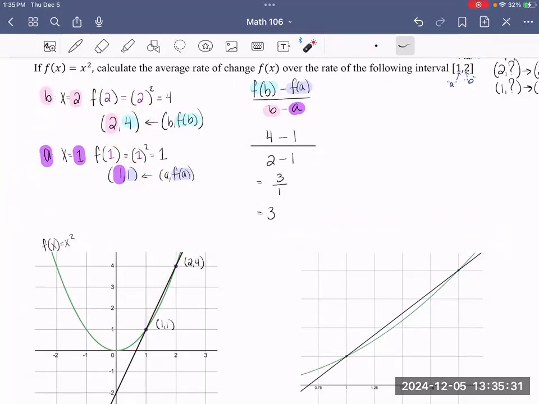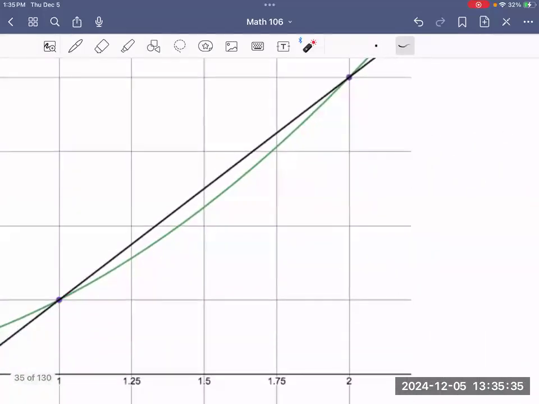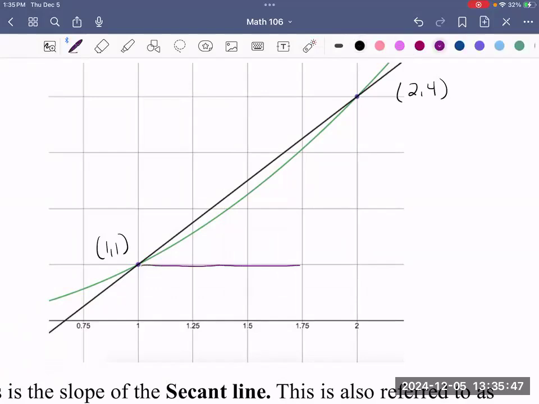And if we were to zoom into this form, we'll see it right here, again, where we have (1, 1), and again at (2, 4). And we could find your slope here by going from 1 to 2, so this is 1, and we're going up by 1s.